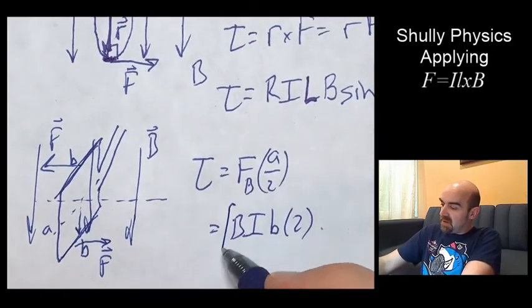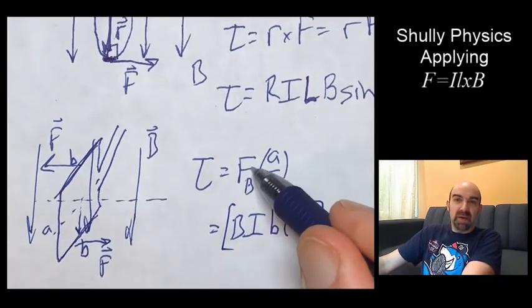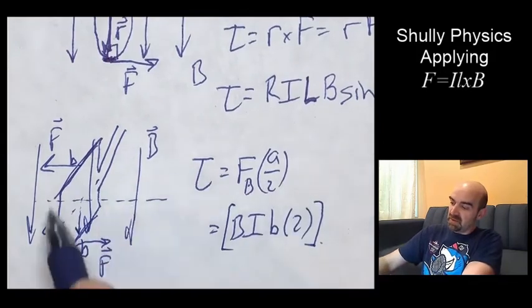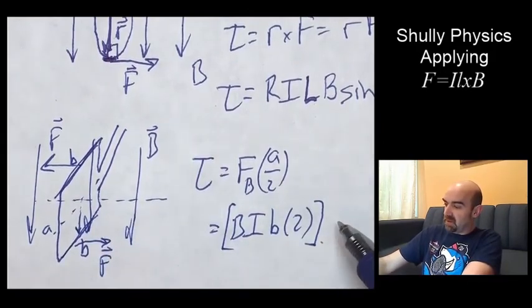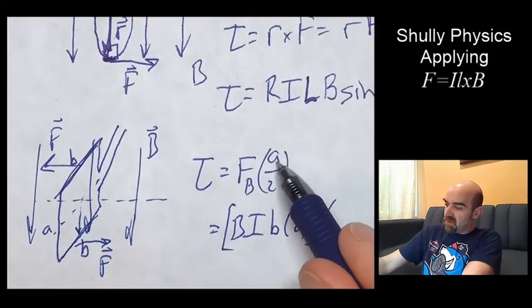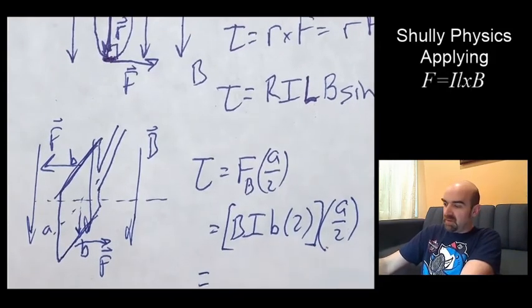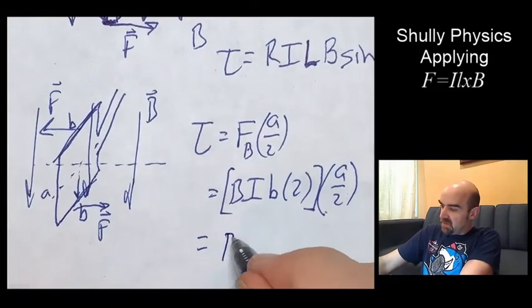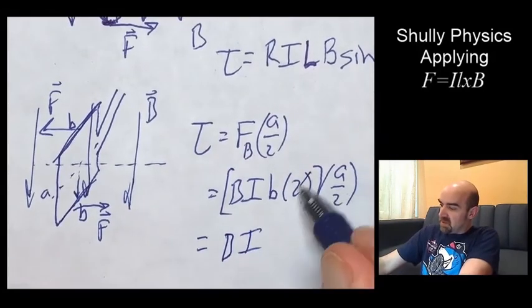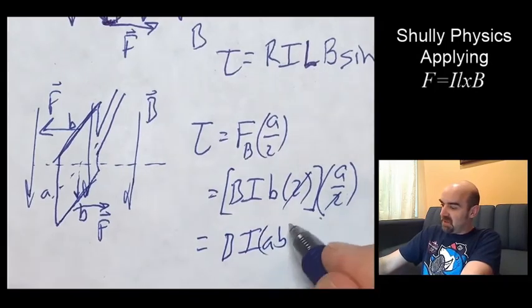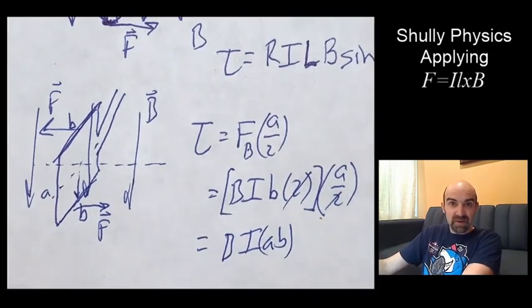That all would be the net magnetic force on those 2 segments of the current loop, causing the current loop to rotate in torque. So we multiply by the torque arm, A over 2, and the 2's cancel, so we get B I times A times b. Now if you look at that, A times b, what is that? That's the area of that loop.